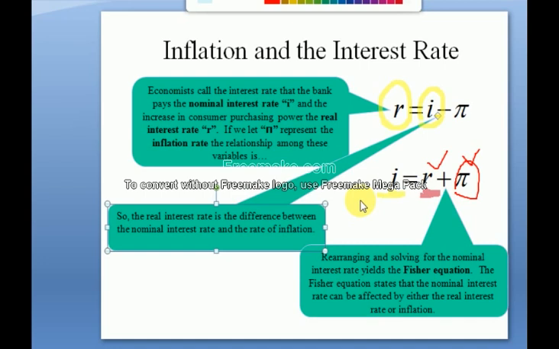That means that the purchasing power of the bank only increased by 1%. So the real interest rate gives lenders and investors an idea of the real rate that they received.